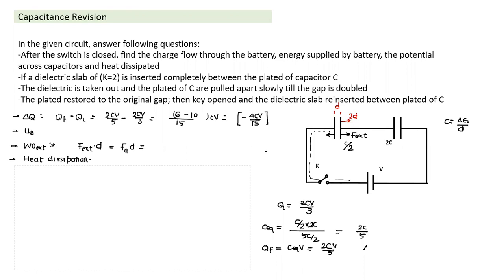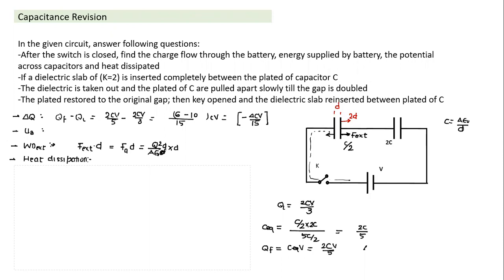What is the force of attraction between the plates of a capacitor? Q square by 2 epsilon. So this into D becomes my additional work done, which can be calculated.